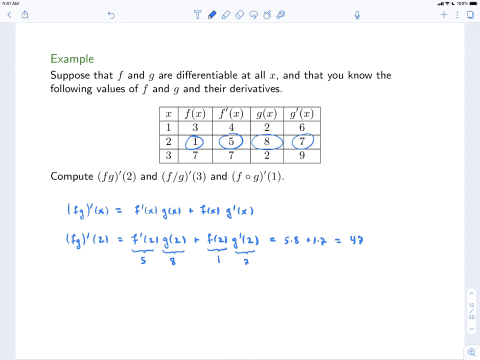Next, we're asked to compute the derivative of the quotient at 3. So we start with f divided by g prime at x, and we can just use the quotient rule. So that's the derivative of the top times the bottom minus the top times the derivative of the bottom, and we're going to divide all of this by the bottom squared.